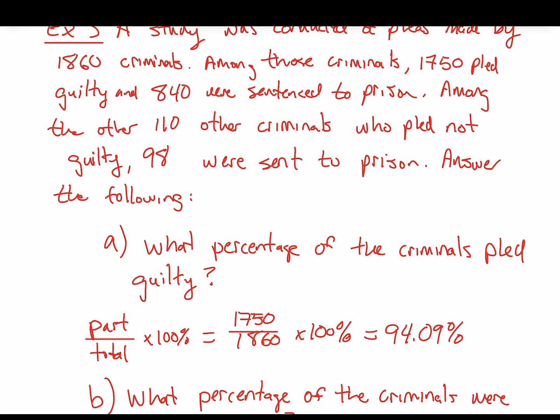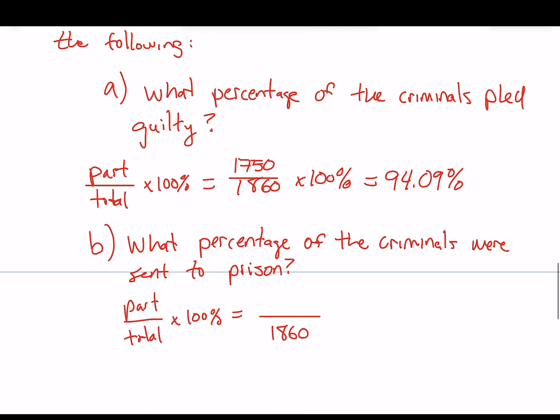Those that were sent to prison are not just the 840, but also the 98. So we need to add those together. 840 plus 98 gives us 938. Times 100%. You can enter that in your calculator and you get 50.43%. So of all of the criminals, both those that pled guilty and those that pled not guilty, 50.43% were sent to prison.